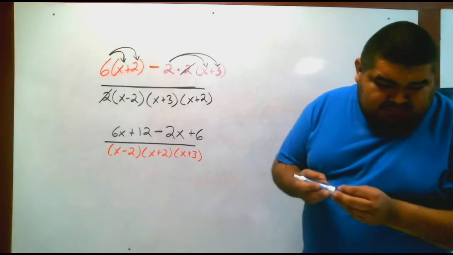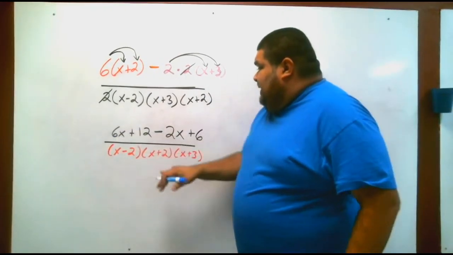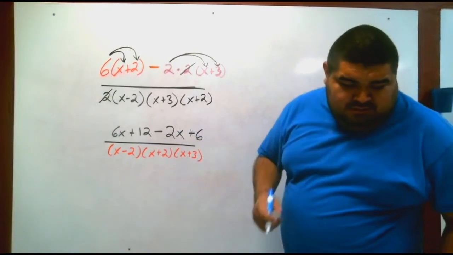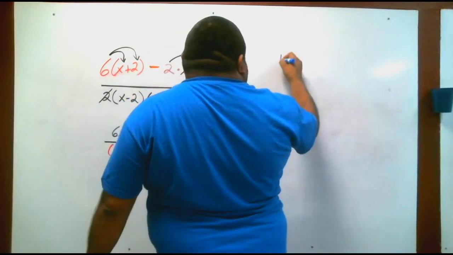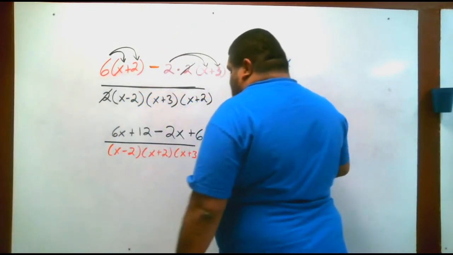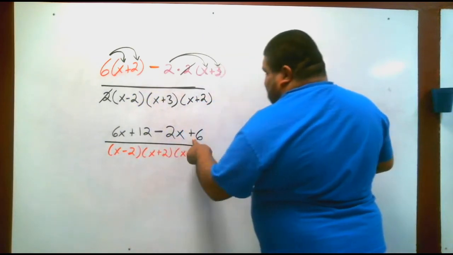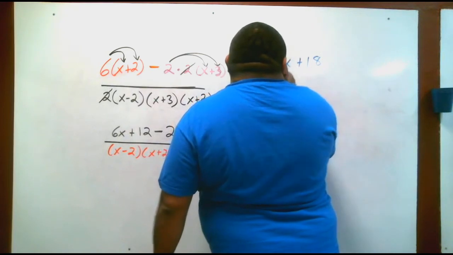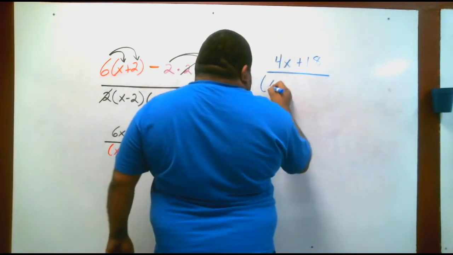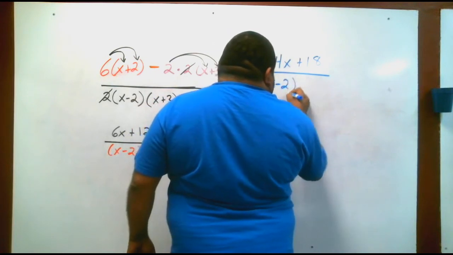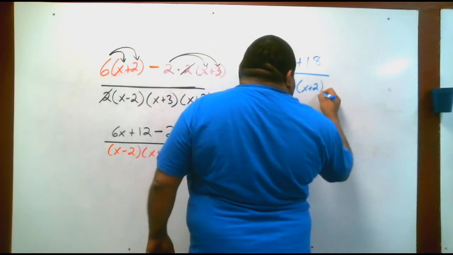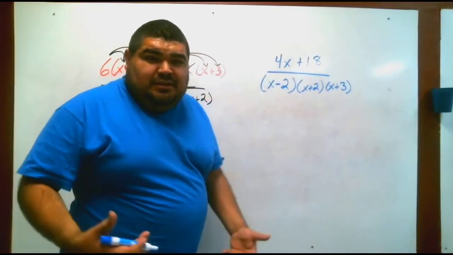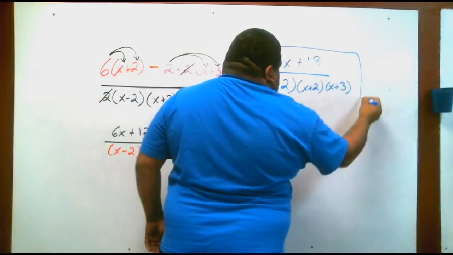So we have 6 minus 2, which is 4, right? So we have 4x, 12 plus 6 is 18, over (x minus 2)(x plus 2)(x plus 3). Since nothing more can be done to it, that is our answer.